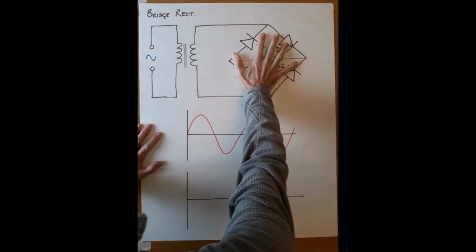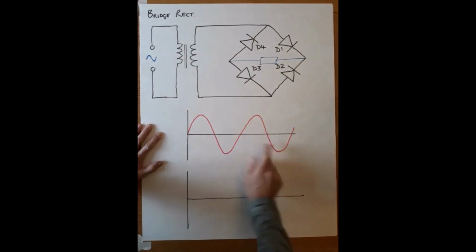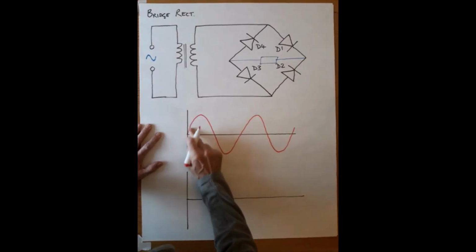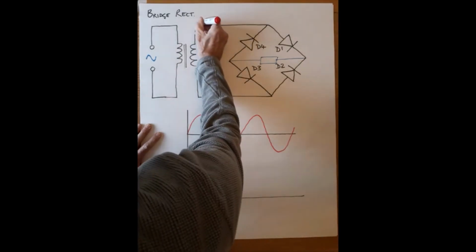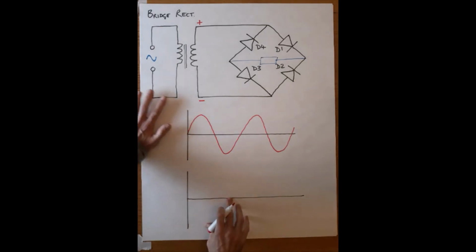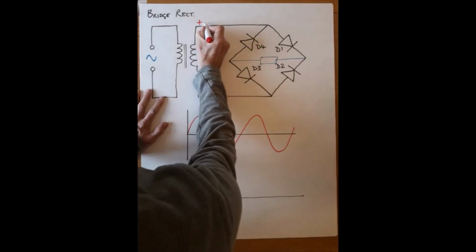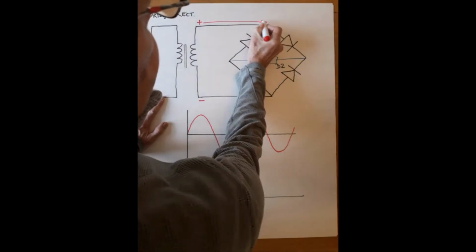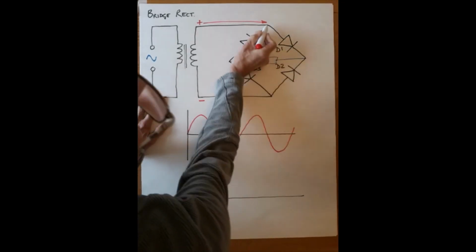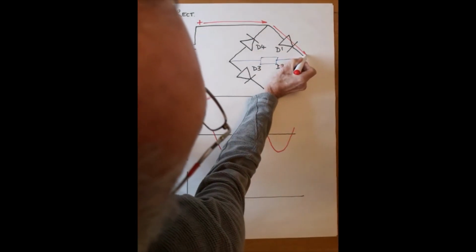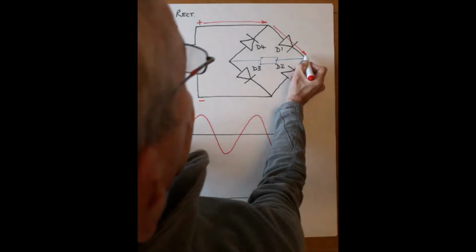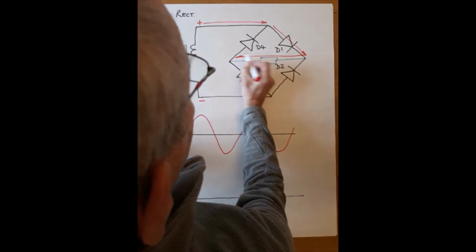So let's consider the operation of this. Here is the current which is delivered to this point here, so let's consider it a half cycle at a time. On the first half cycle, the polarity is this is positive and this is negative. Current wants to go positive to negative. The current will flow to this point. It will not flow down here because D4 is blocking. It will flow through D1. It will not flow down here because D2 is blocking, and it will flow through the load.